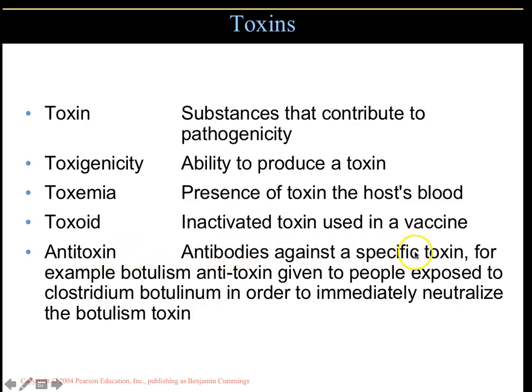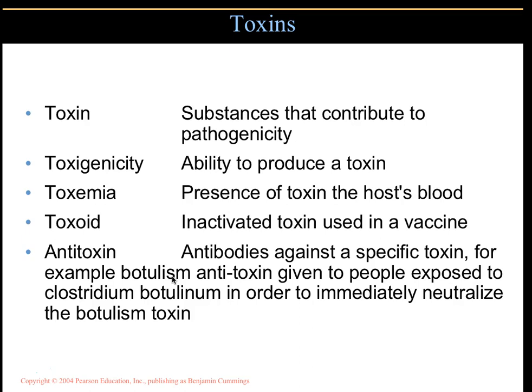So let's go to this example of an antitoxin. Antibodies against a specific toxin. So let's say that you think you've been exposed to food poisoning, that is botulism, and you are able to present to the ER and get an antitoxin shot.